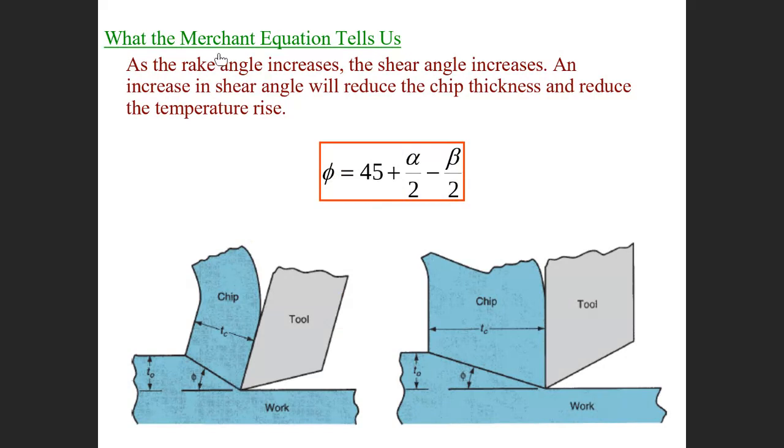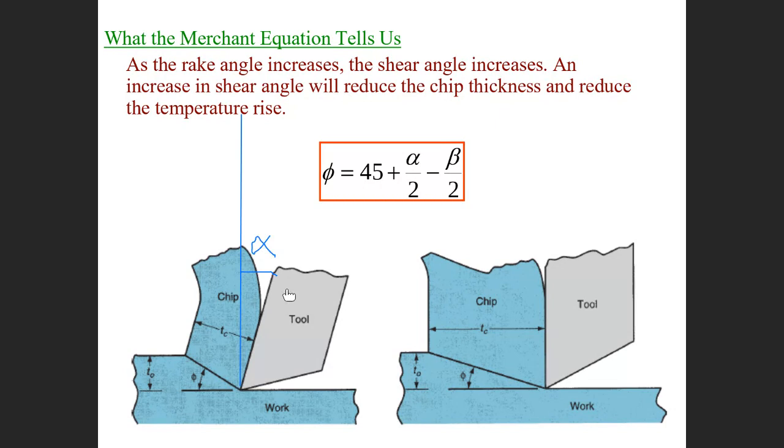As the rake angle increases, the Merchant circle tells us, where is the rake angle? This is the rake angle, right? Rake angle is this angle. This is alpha. This is the rake angle, right?